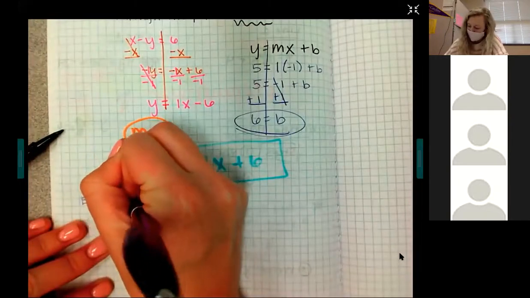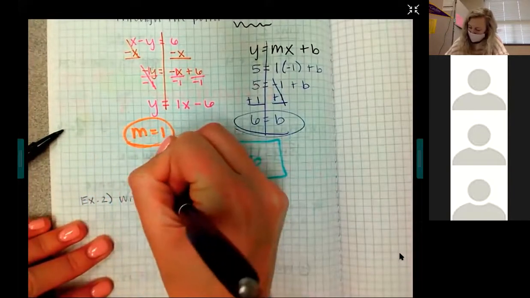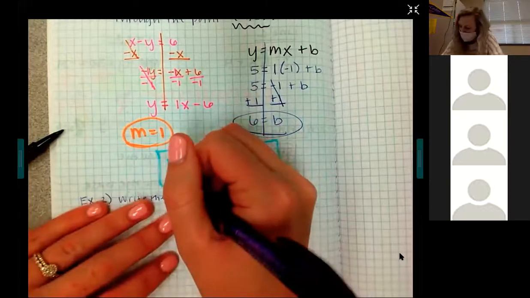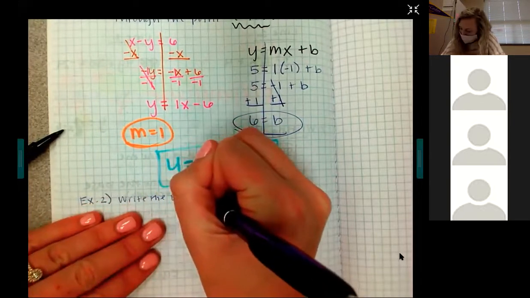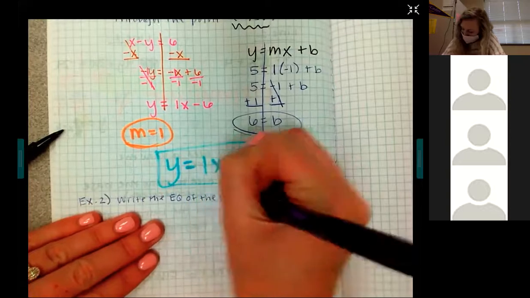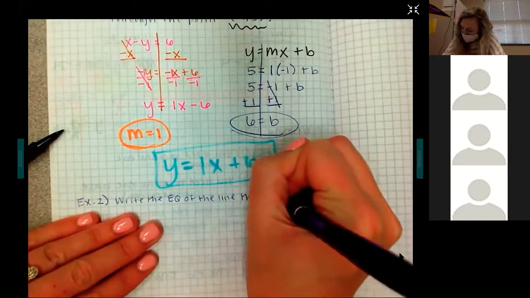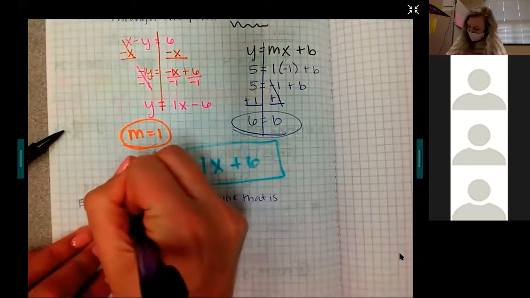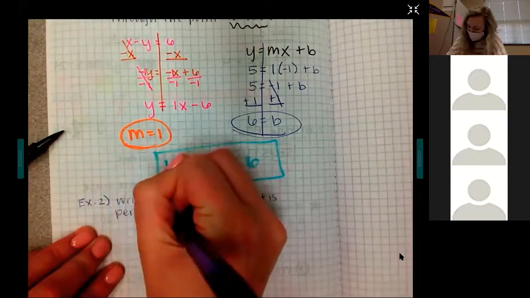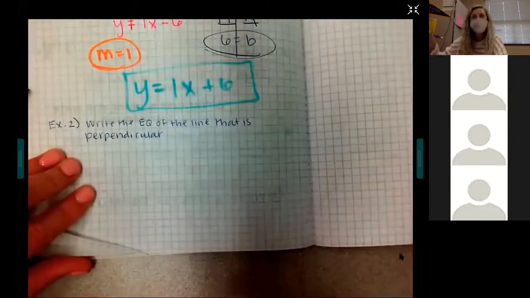All right, example 2, very similar. I want you to write the equation of the line that is perpendicular. Let me zoom this in for y'all.